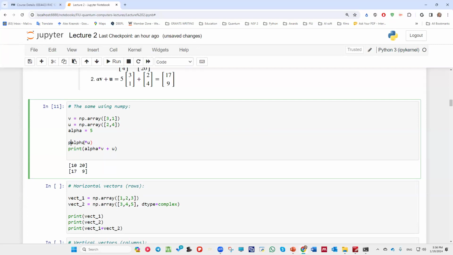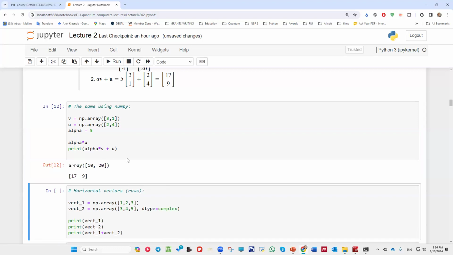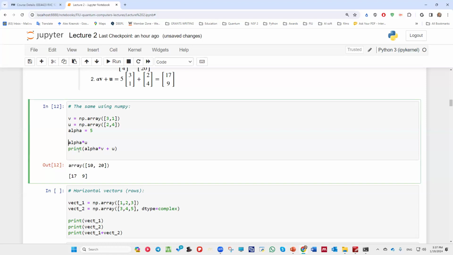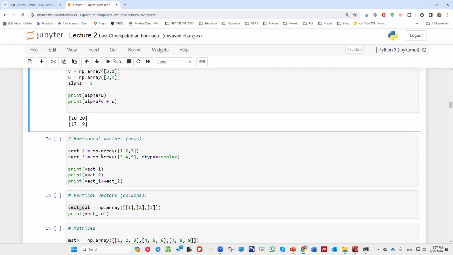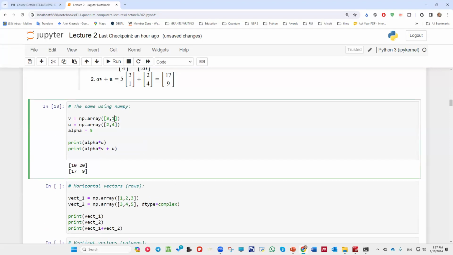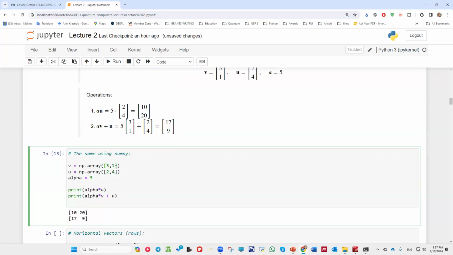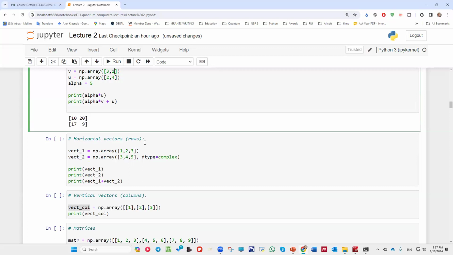I can go, of course, without this print and just write it like this. In this way, it will write this word array before the answer. In this case, the vectors are horizontal, of 2 dimensions.